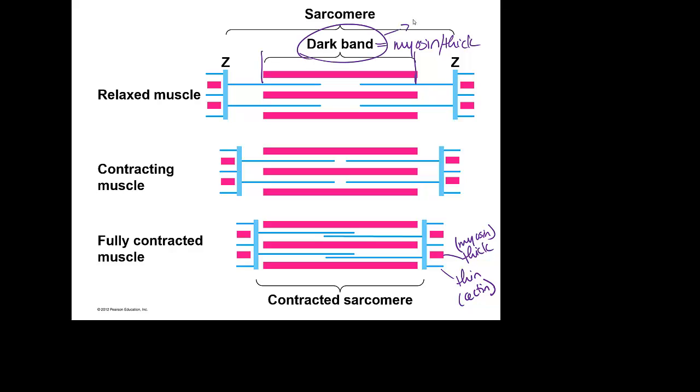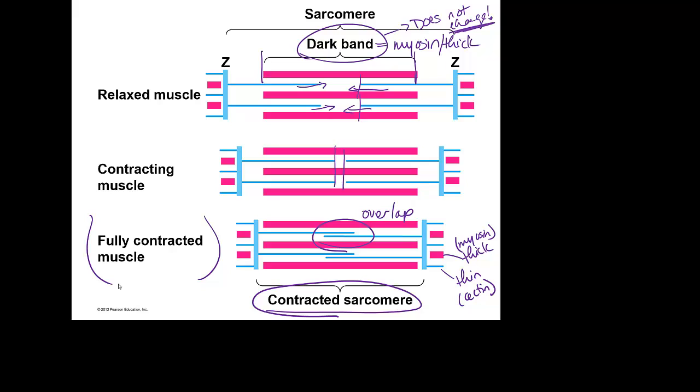This does not change. What we are going to change are these blue lines. And what we're going to do is pull them into the center. So we're going to get them to move into the middle. And you see that with every step here, these get a little closer until you finally get this overlap in a fully contracted sarcomere. Or you would think about it as a fully contracted muscle.